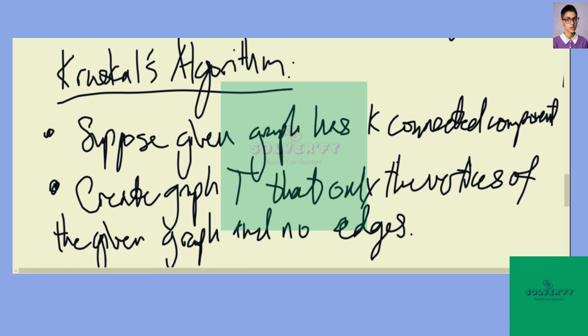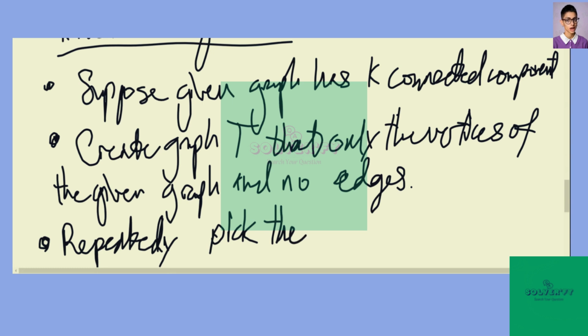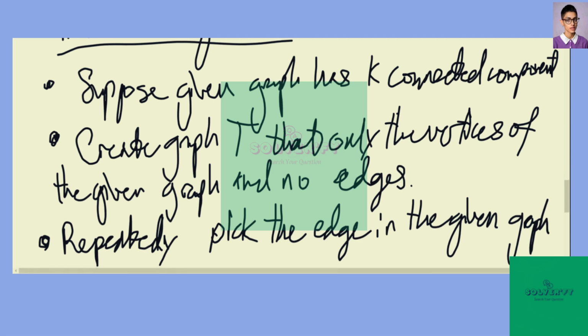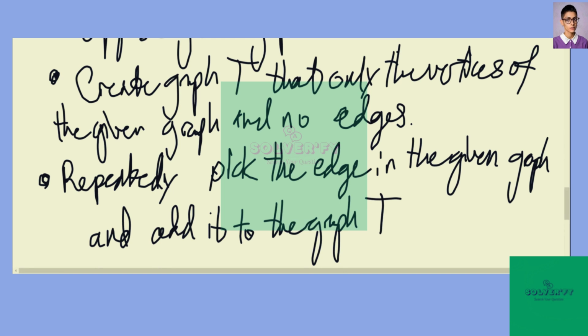And in the next step, we're asked to repeatedly select the edge in the given graph with the smallest weight and add it to the graph T, as long as it doesn't cause a circuit.